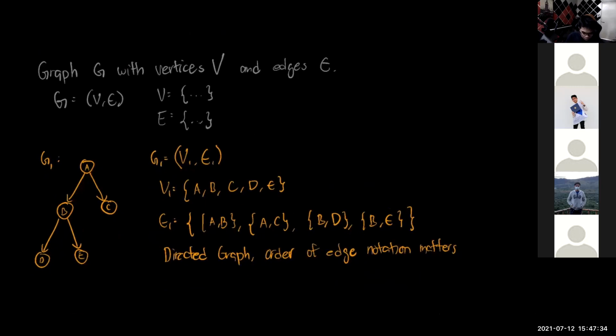I need to call it edge AB because there's sequentiality to this directed graph. Okay. So any questions or clarifications? You guys okay? Good.